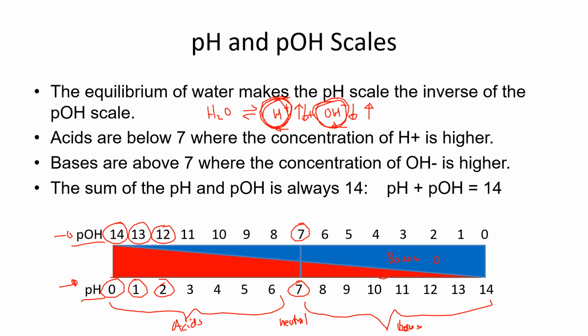This is hydroxide ion concentration, which increases. And then conversely, your hydrogen ion is going to decrease, right? And on the other side, you have a higher concentration of hydrogen ions and a lower concentration of hydroxide ions. But they are in balance with each other according to this equilibrium that's always going on whenever you have water.